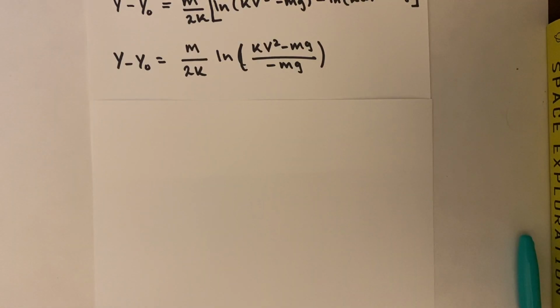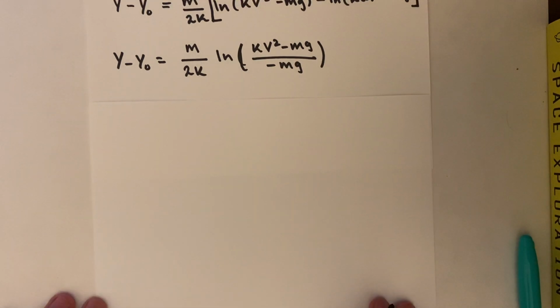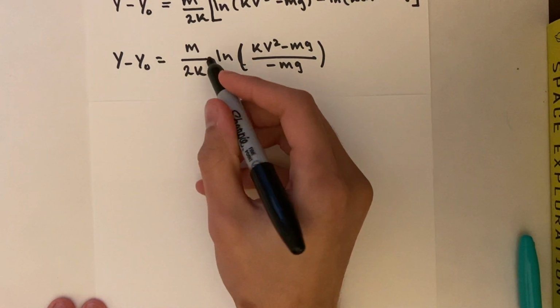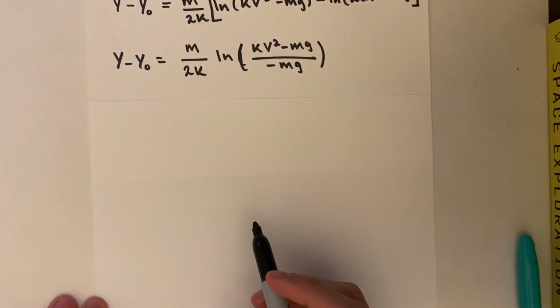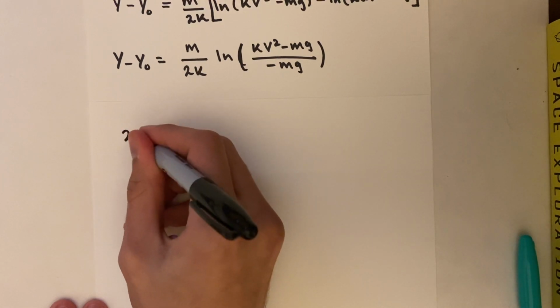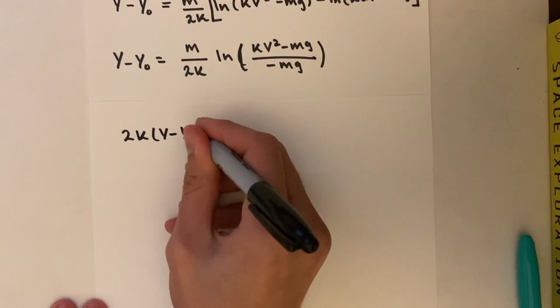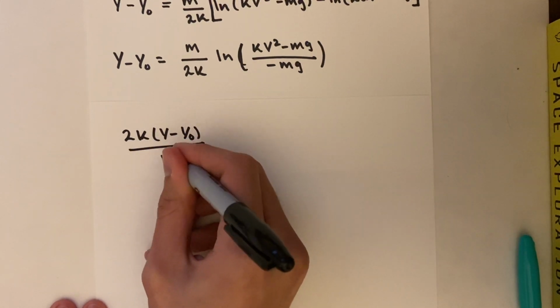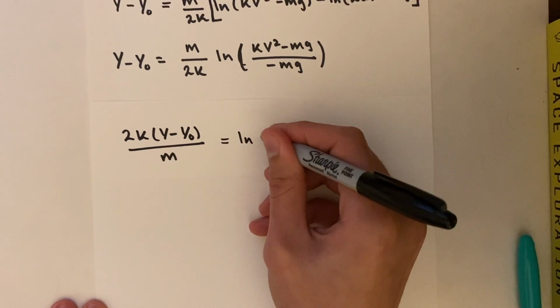So now all we've got to do is solve for velocity over here. So I'm going to take the mass divided by 2 times the constant to the other side, and we're going to get 2k(y minus y naught) divided by m equals the natural log.